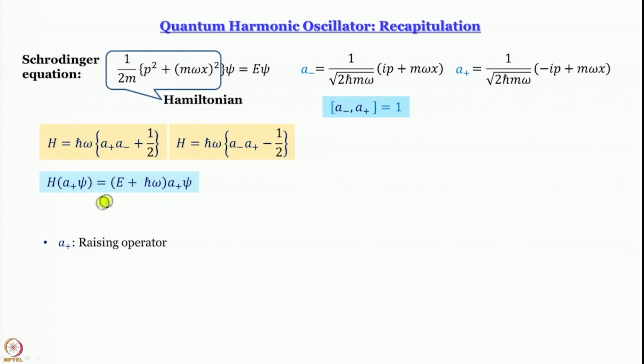So, H operates on A plus psi to give us E plus h cross omega multiplied by A plus psi. Now, A plus psi is not necessarily the actual wave function which is one step higher in the ladder. It could be the actual wave function multiplied by a factor, right.